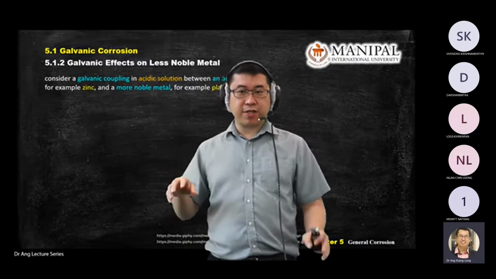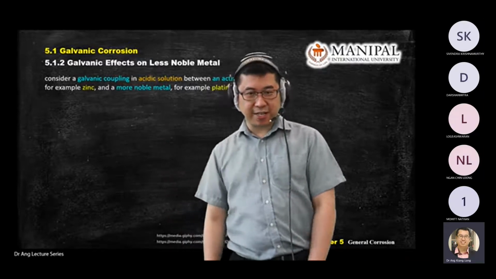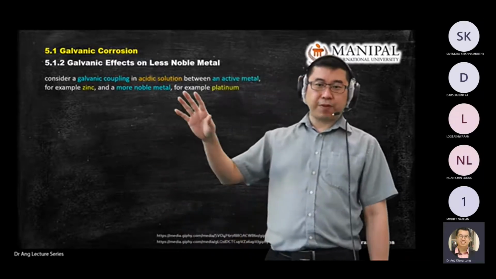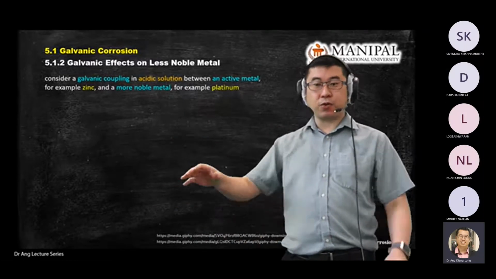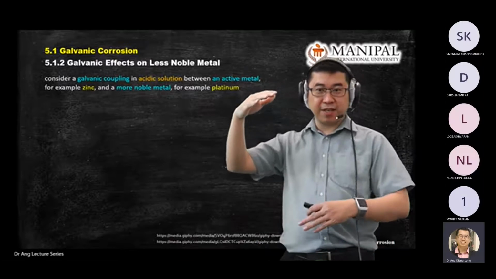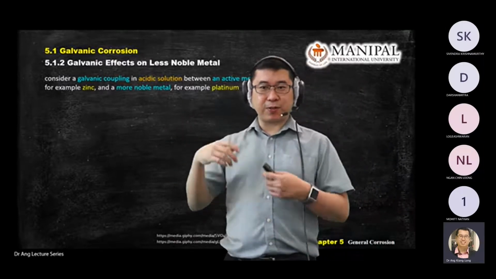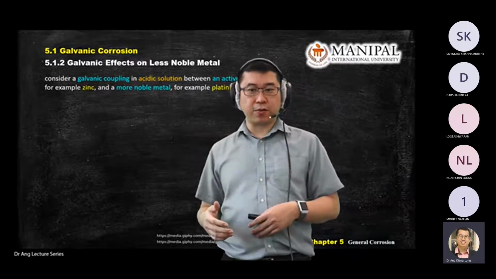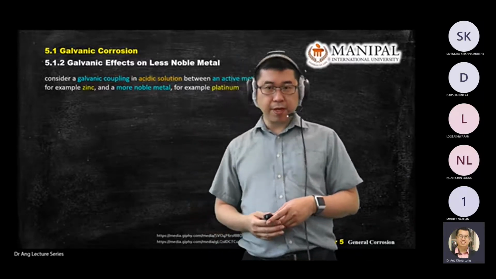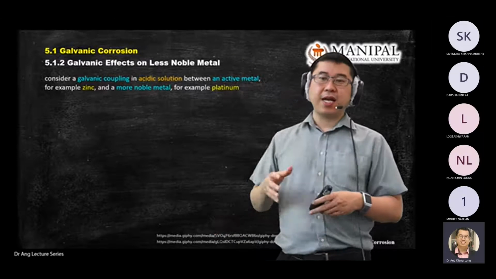In acid solution, they are electrically connected. So it falls under chapter 5, right? From here you know which one is higher and which one is lower, right? I already gave you the table. So from the voltage potential you know which one is higher and which one is lower, right? But again, I have to stress this.